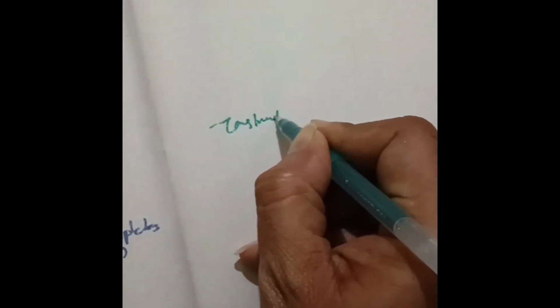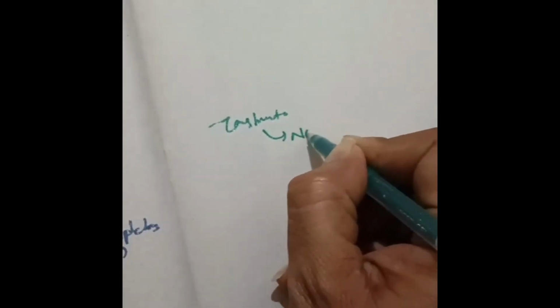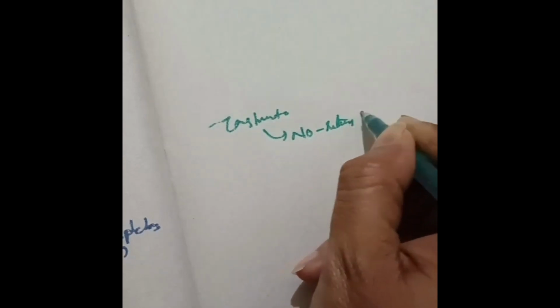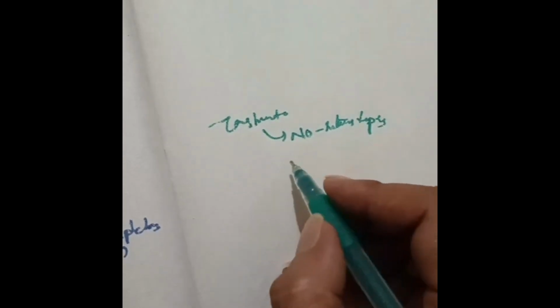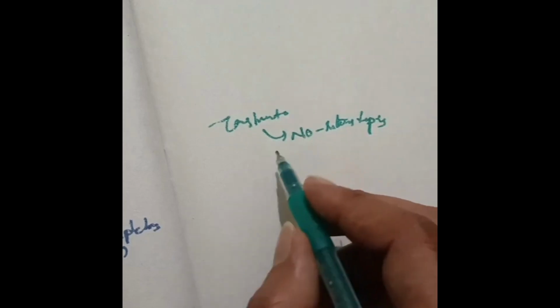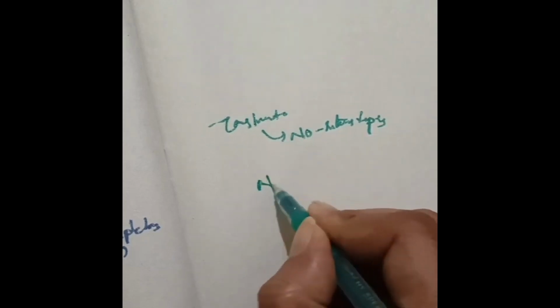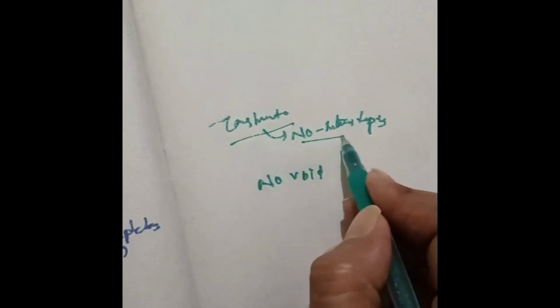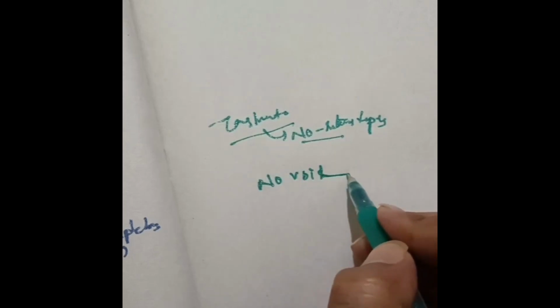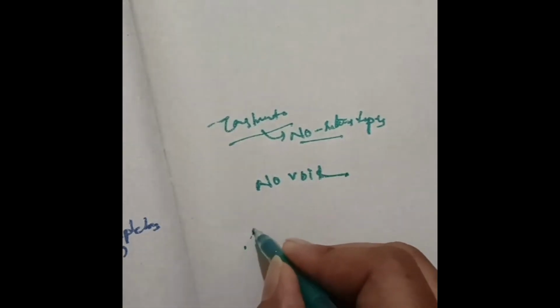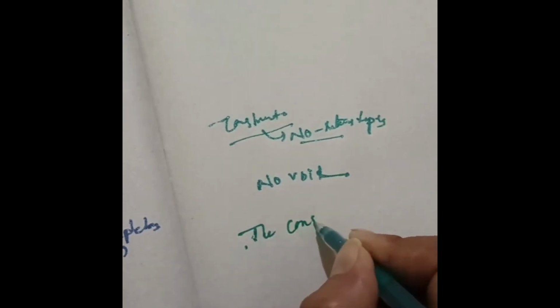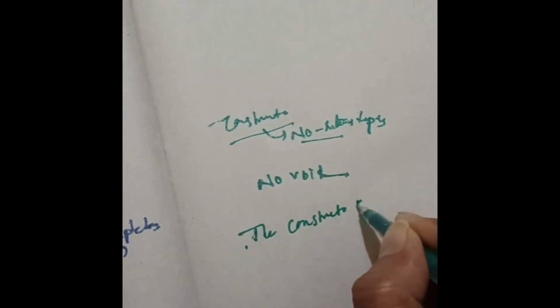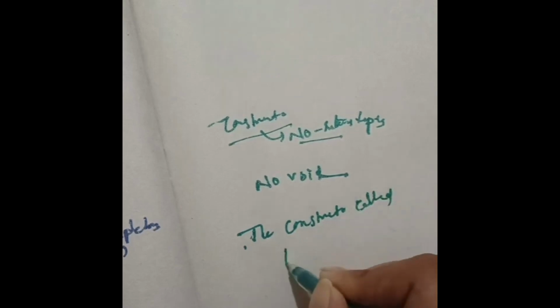Next, constructors have no return types, and no void also. The constructor is called automatically.